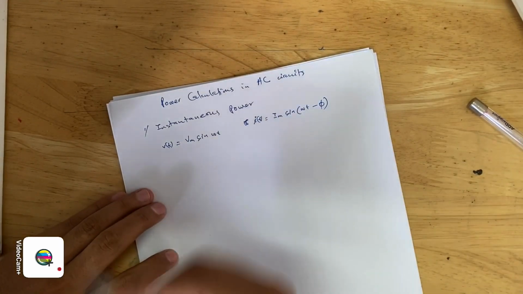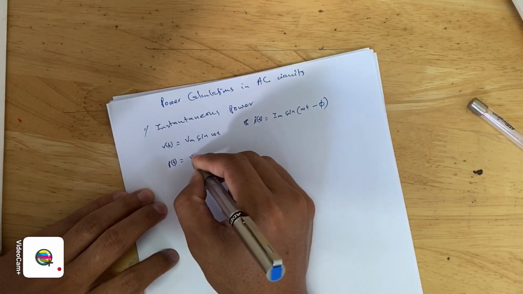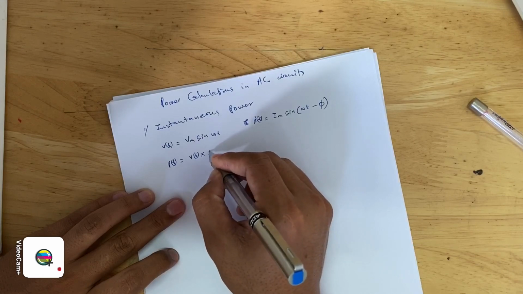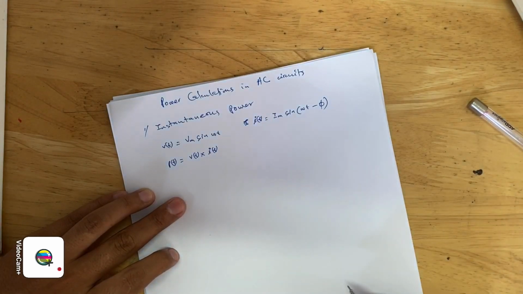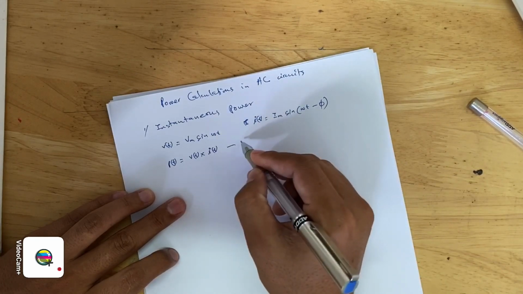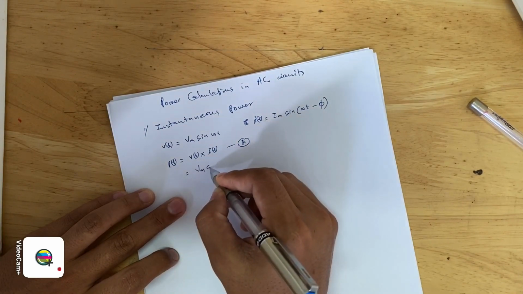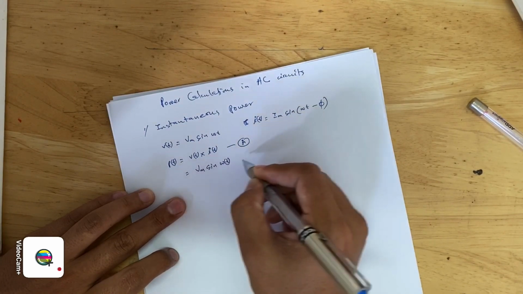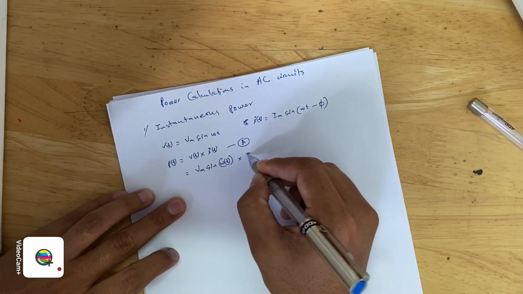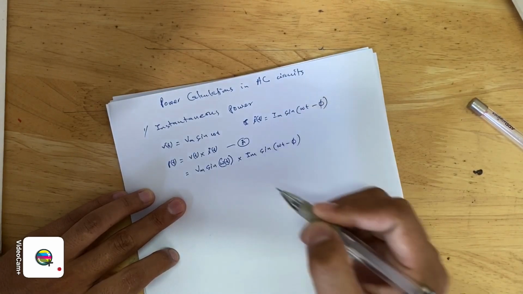Then we can calculate the instantaneous power, P of t, which is the product of voltage and current. Let's substitute this instantaneous voltage and current into equation A. We'll have Vm sine omega t times Im sine of omega t minus some phase shift.